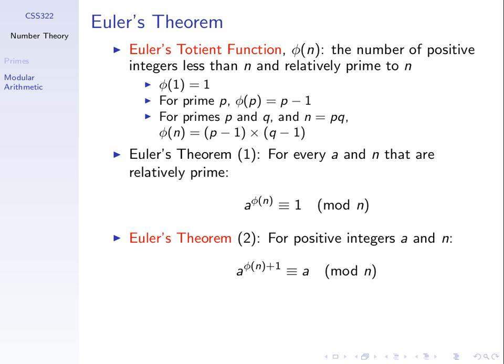That is, we have 2 to the power of the totient of 11 mod 11. 2 to the power of the totient of 11, which is 10, mod 11, matches what we have here: a to the power of the totient of n, mod n, equals 1.